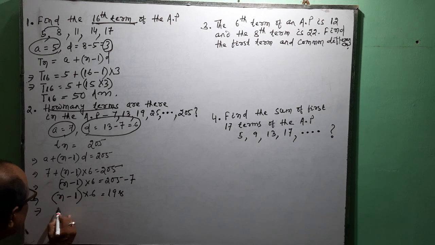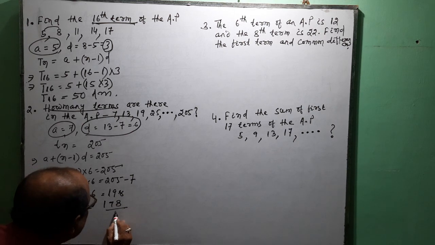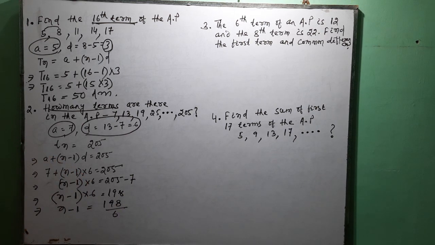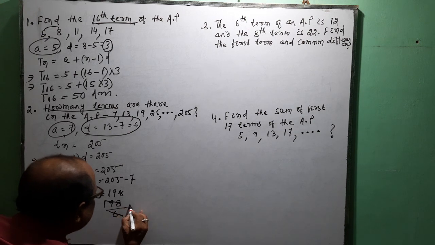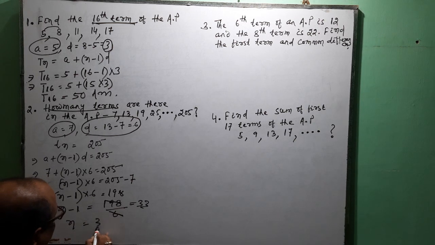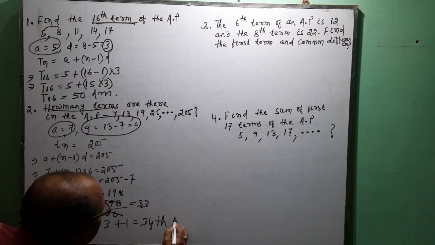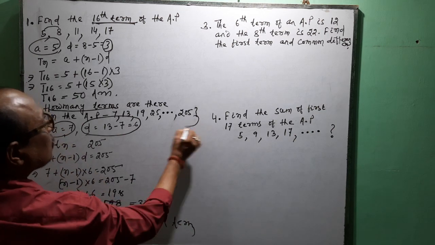So n minus 1 is equal to 198 by 6, which is 33. Hence n is equal to 33 plus 1, which is 34. The 34th term is 205.